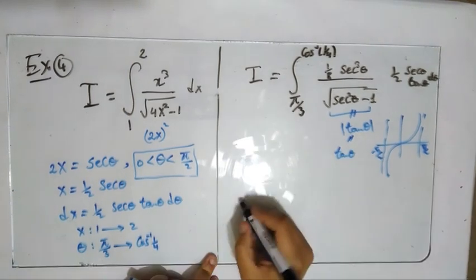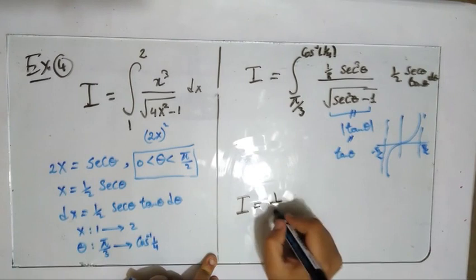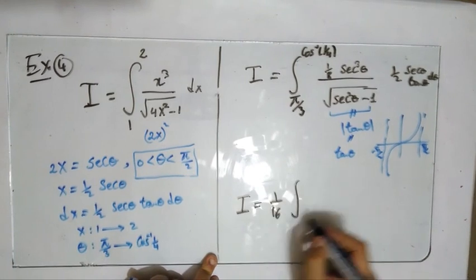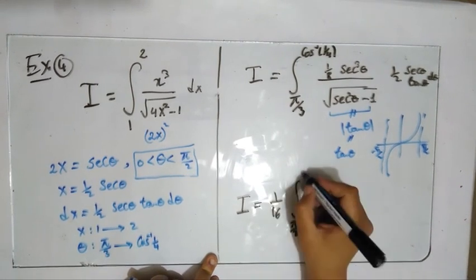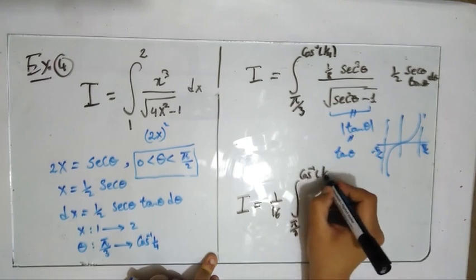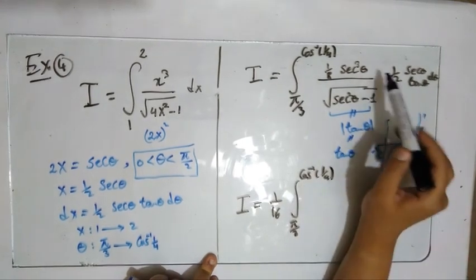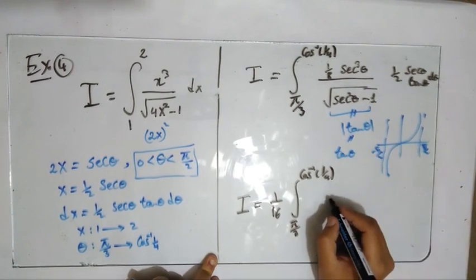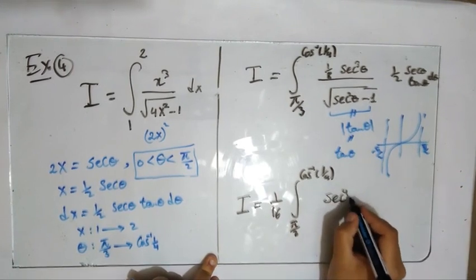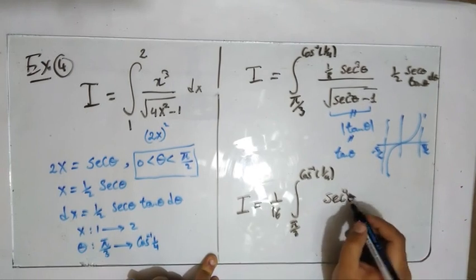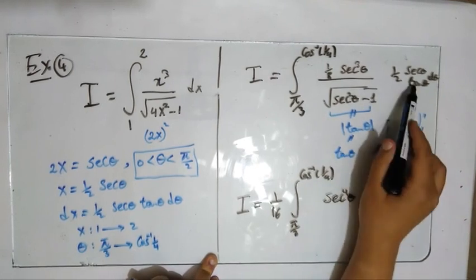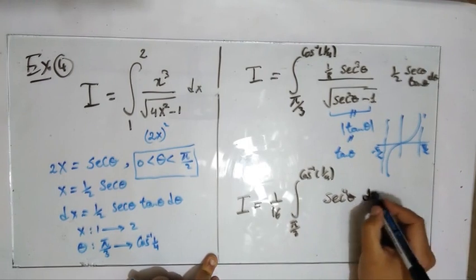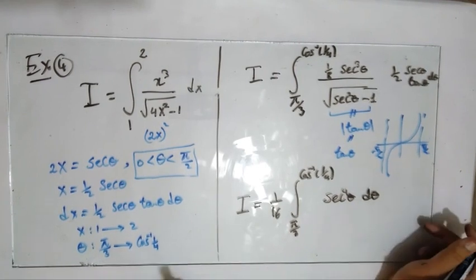So I will be 1 over 16, and then the integral from pi over 3 to cosine inverse of 1 over 4. Here you'll have sec cubed times sec, so it's sec to the power 4 theta, and here this tan will go with this tan, so you will have sec to the power 4 theta d theta.